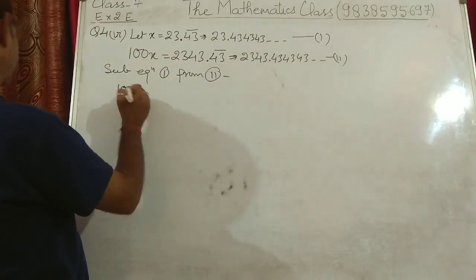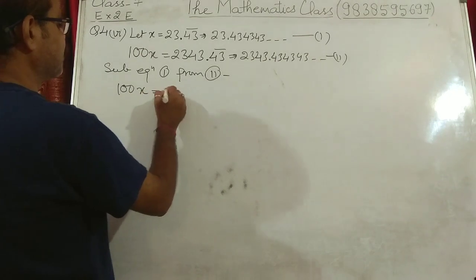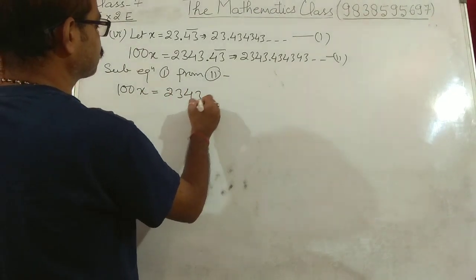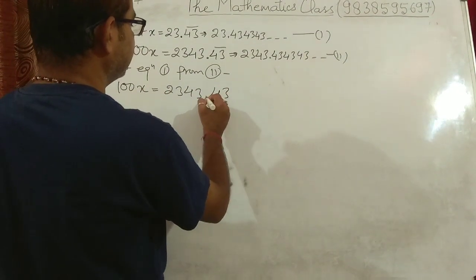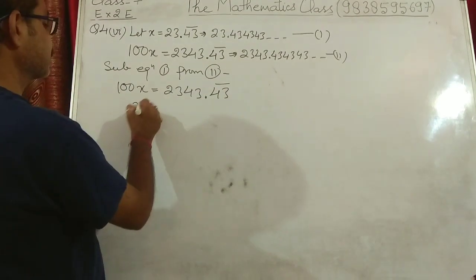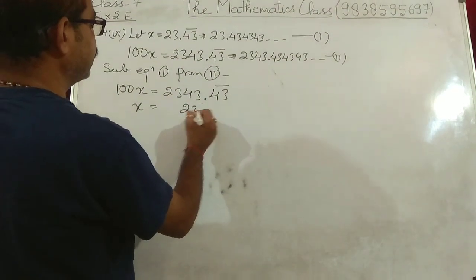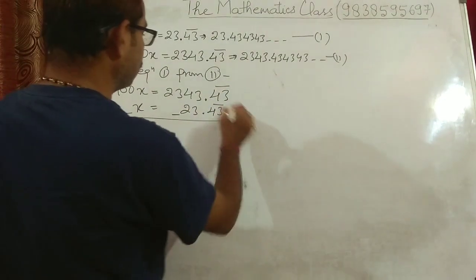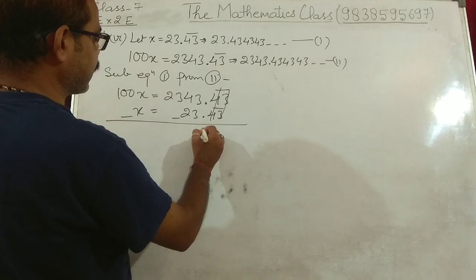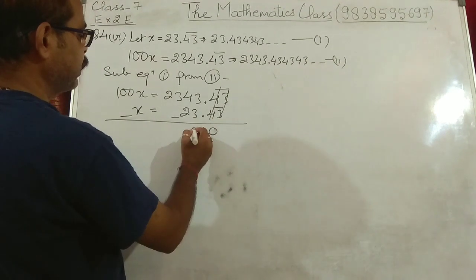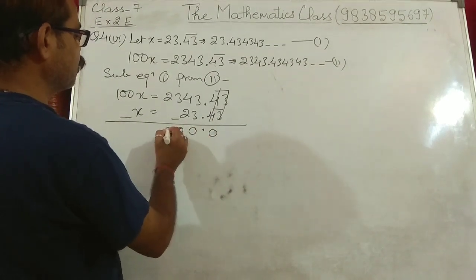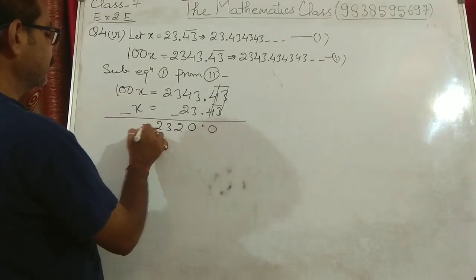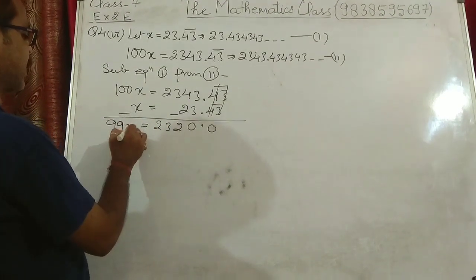100x is equal to 2343.43 bar, and x is equal to 23.43 bar. When you subtract, all these numbers will get cancelled, and after the decimal you will get 0. 3 minus 3 is 0, 4 minus 2 is 2, 3 minus 2... it is equal to 99x.